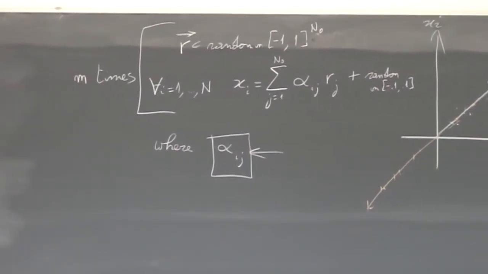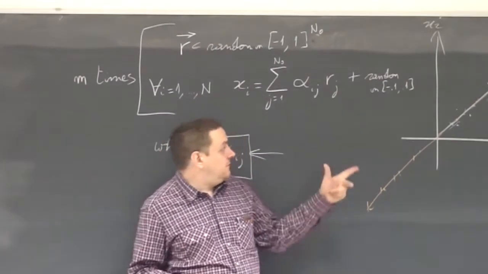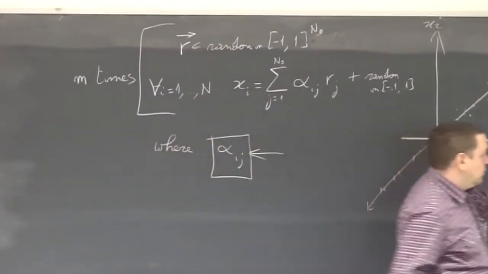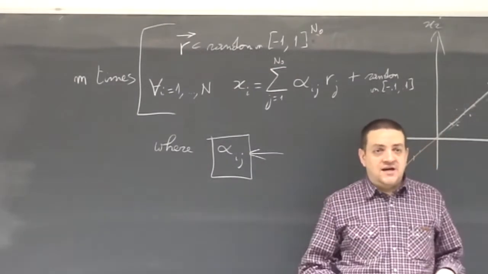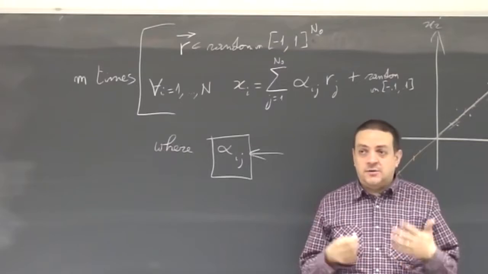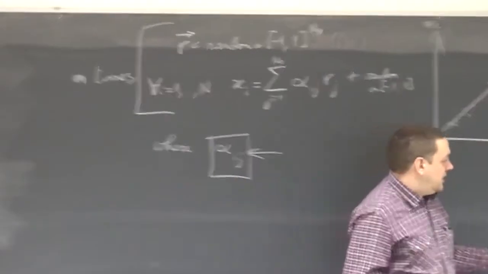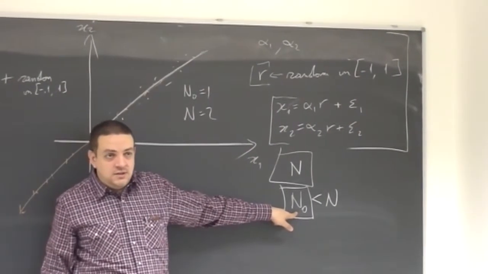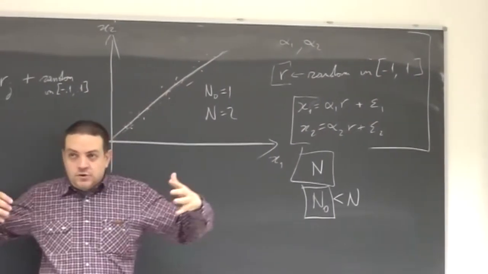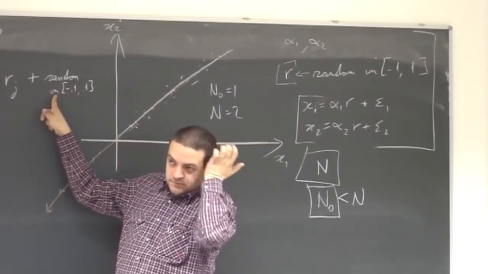Okay, if we generate points like this, we will have precisely a situation where we have n coordinates, but not all n coordinates are needed in order to describe our system. Actually, the system lives in an n0 dimensional subspace with some noise, which is this error.